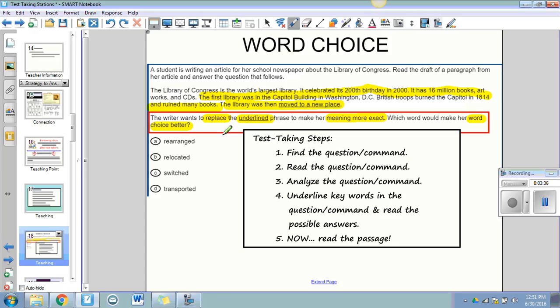The library was then moved to a new place. So if I'm looking here at my choices, when we move something to a new place, we're typically not rearranging, we're not switching. We could be relocating or transporting, but for this particular answer, I think relocated would be my best choice to make the meaning more exact.